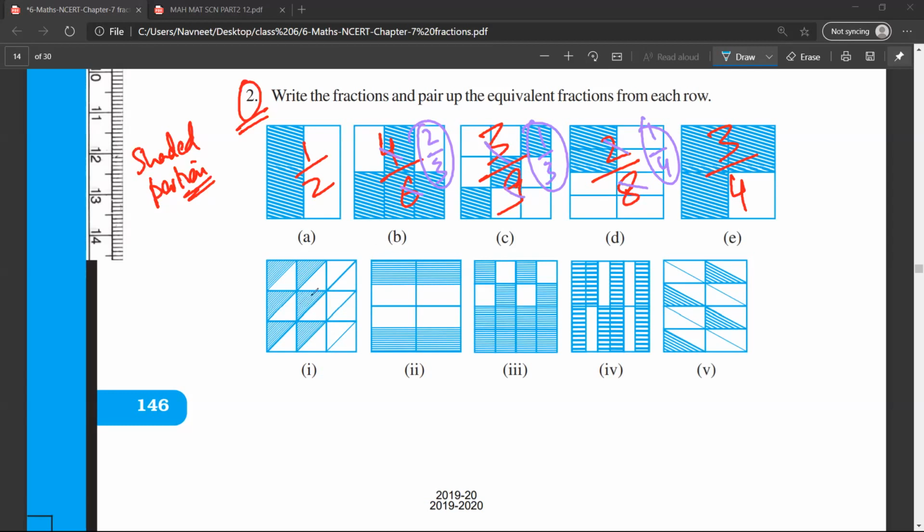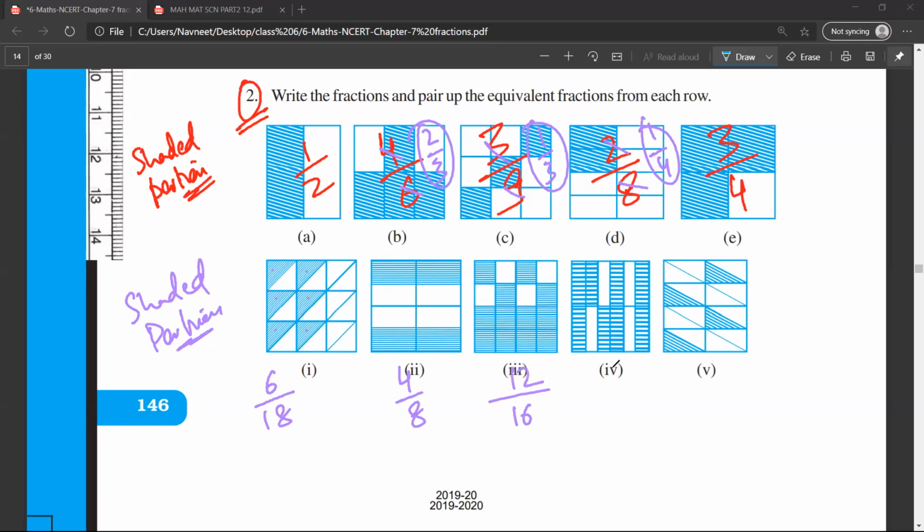Okay. So this again, shaded portion. So what would be the fraction? 6 by 18. Perfect. This would be equal to 4 by 8. This would be equal to shaded 12 by 16.